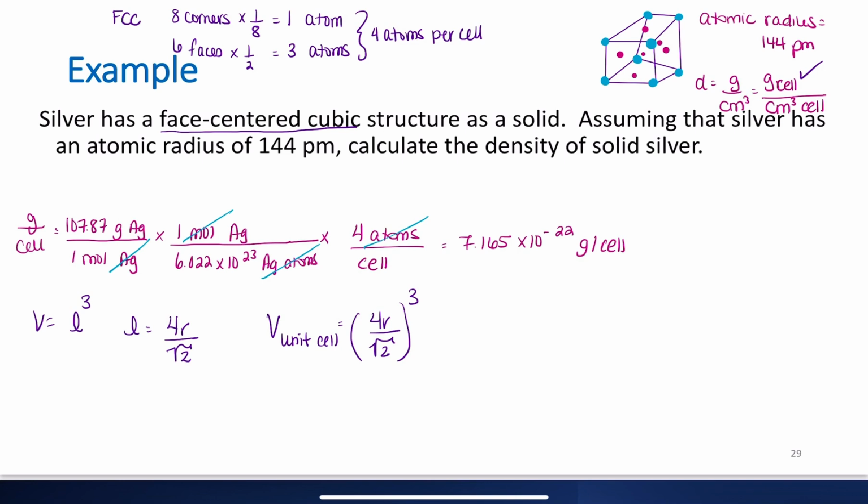I do want this in centimeters though, because density for solids is going to be reported in grams per centimeter cubed. R is 144 picometer. I want to convert this to centimeters. I know 1 meter is 10 to the 12th picometer, and 10 to the 2nd centimeters is 1 meter.